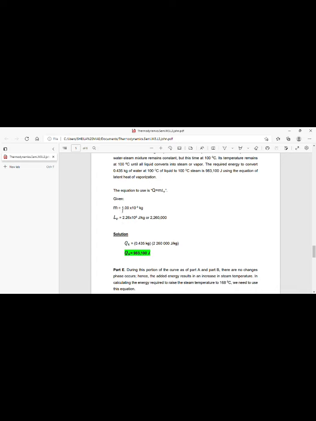Given mass is equal to 1 times 10 to the power of negative 3 kilogram. The latent heat of evaporation is equal to 2.26 times 10 to the power of 6 joules per kilogram, or 2,260,000. Solution.